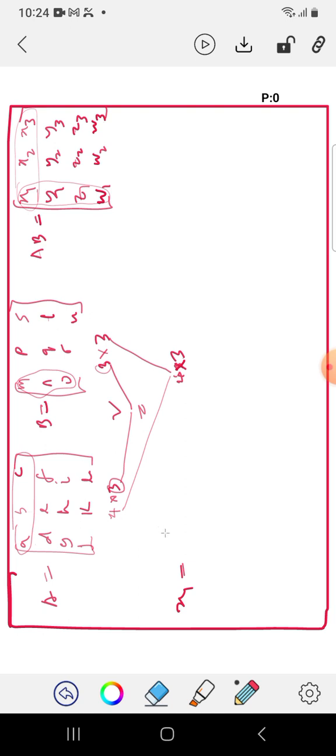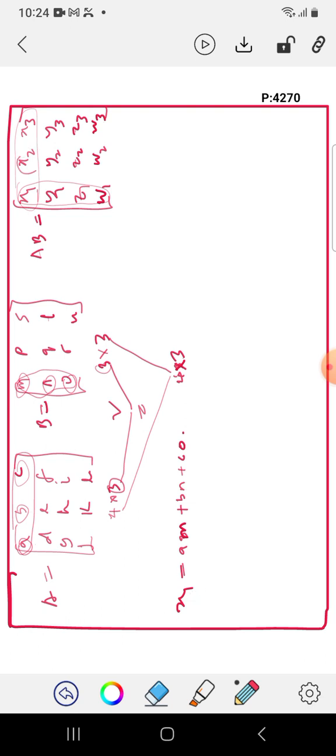It's going to be A times M, plus B times N, plus C times O. You take this item to multiply this item, you take this item to multiply this one, then you take this one to multiply this one, then you just add everything together. Whatever the answer is, this is going to be x1.